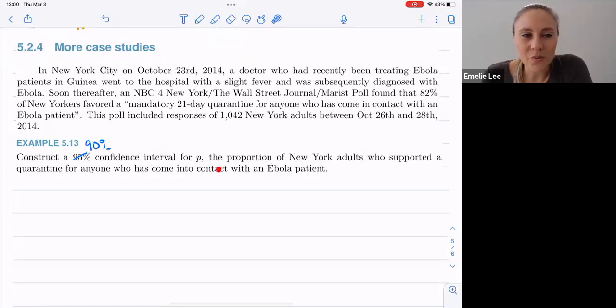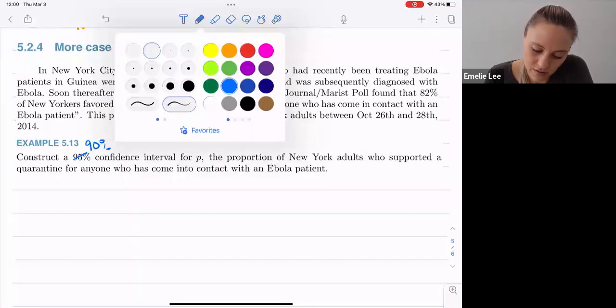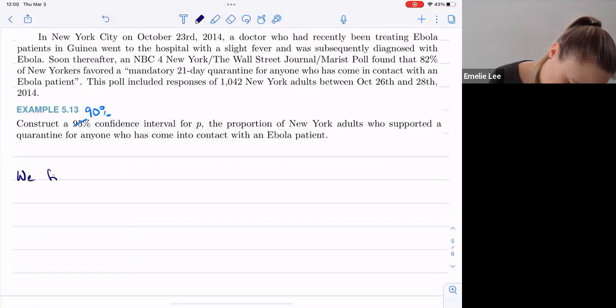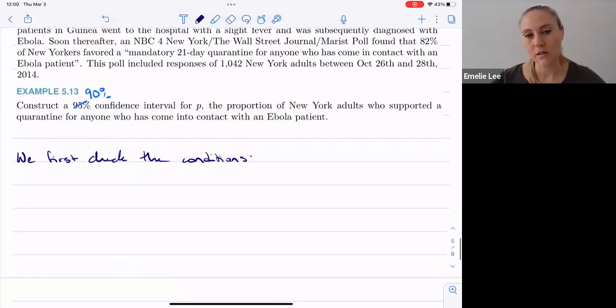In order to be able to build a confidence interval, we have to check the conditions first. So the first thing that we have to check is independence.